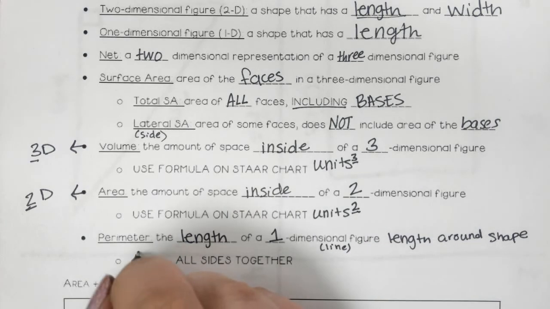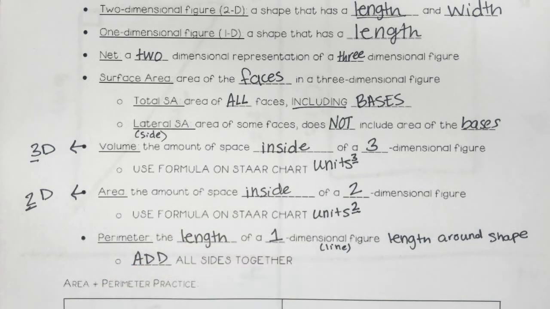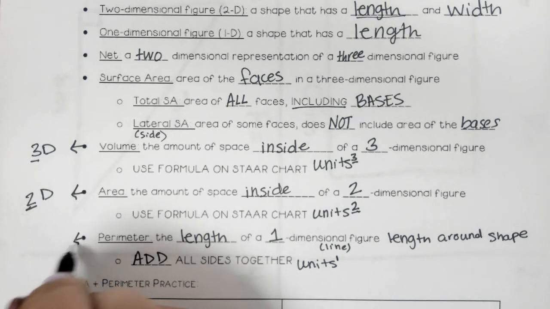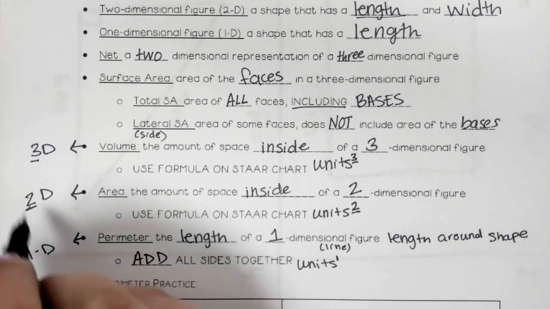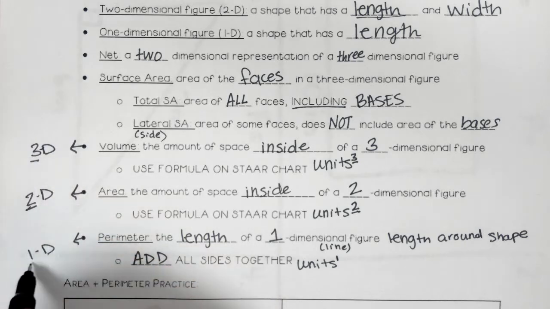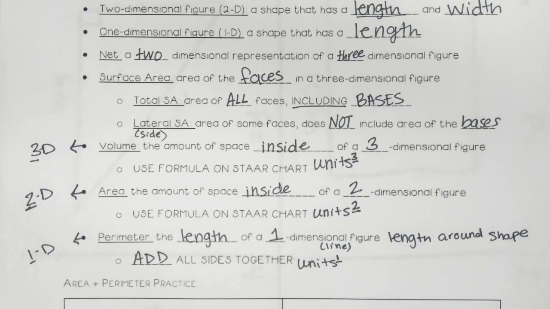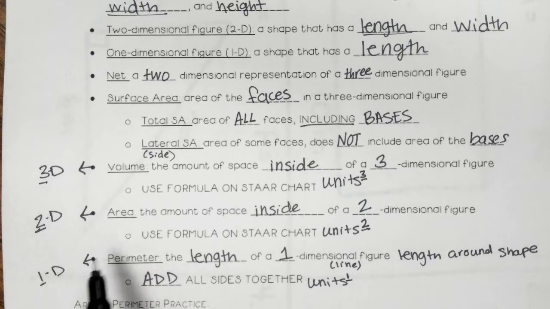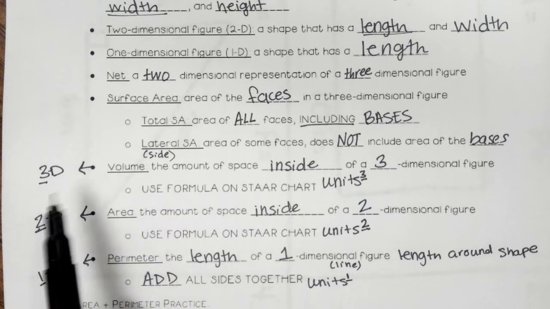This just means that we are adding all of the sides together. With perimeter, we'll have units to the first power because perimeter goes with a one-dimensional object. 1D, units to the first power. So we've got perimeter is 1D, area is 2D, and volume is 3D.